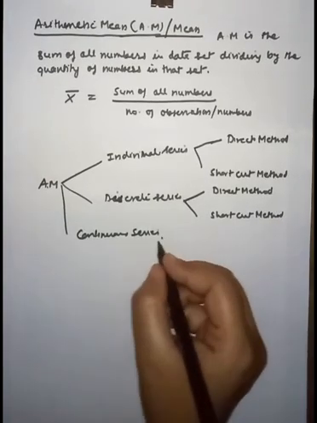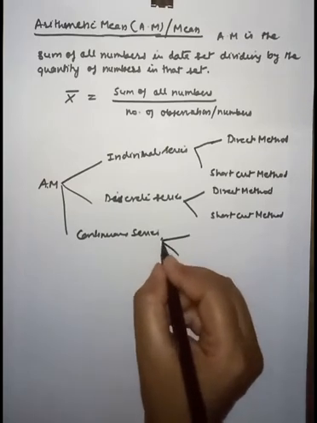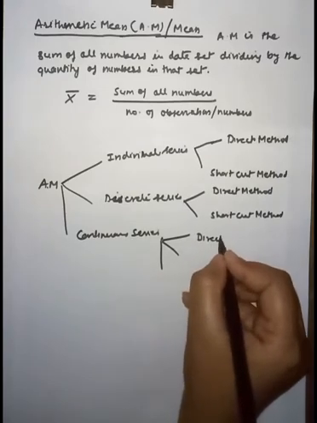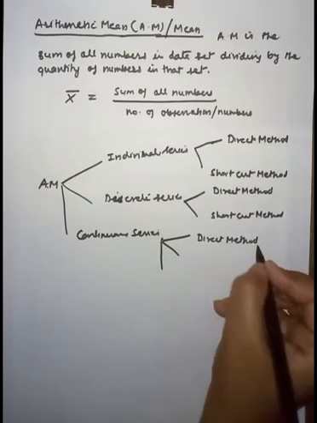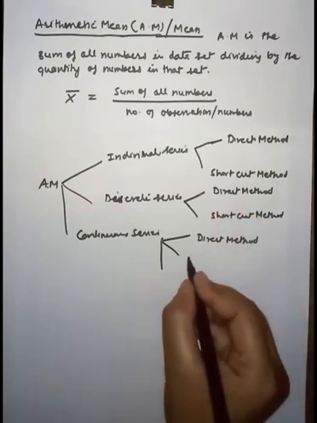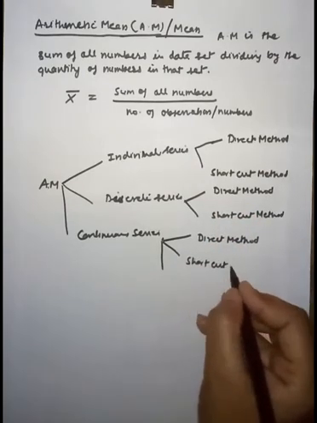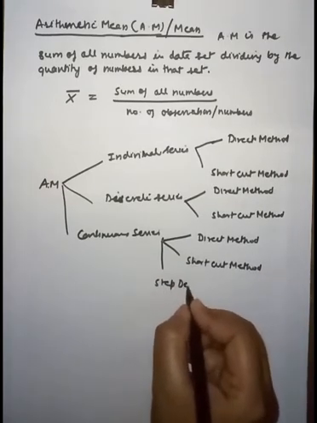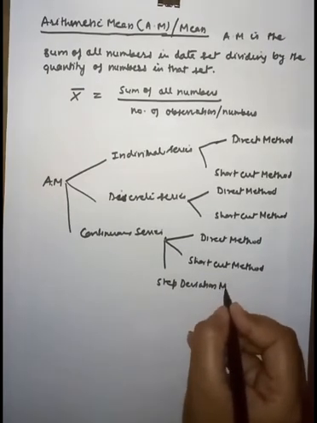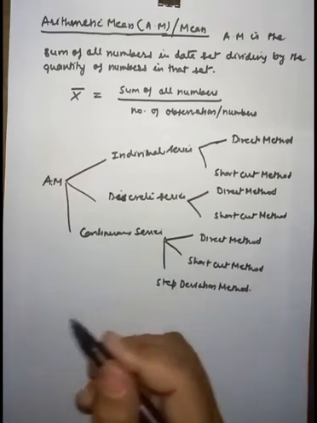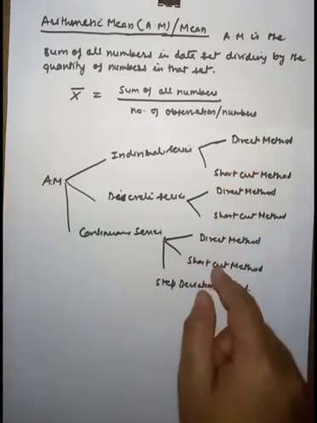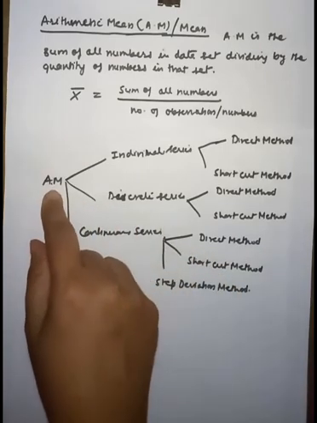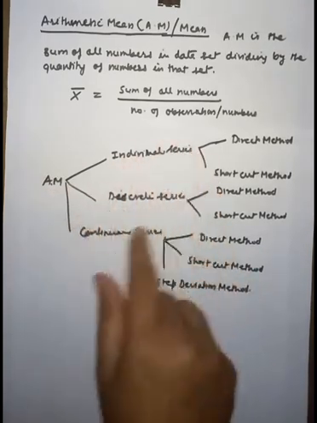But for continuous series, there are three methods for finding the mean. First one is direct, second one is shortcut, and third one is step deviation method. Right? So these are the methods for finding the arithmetic mean from these series.